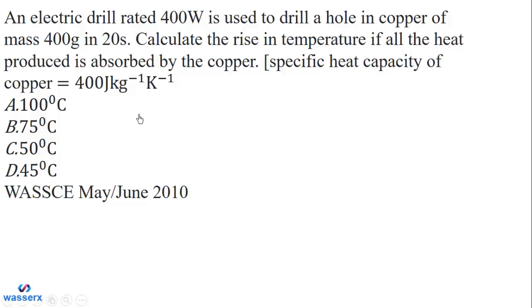We were given certain data from the question that can help us solve it. So let's put down this information. We have that the electric drill is rated 400 watts, which is the power. Then we are also given the specific heat capacity of copper to be equal to 400 joules per kilogram per Kelvin.